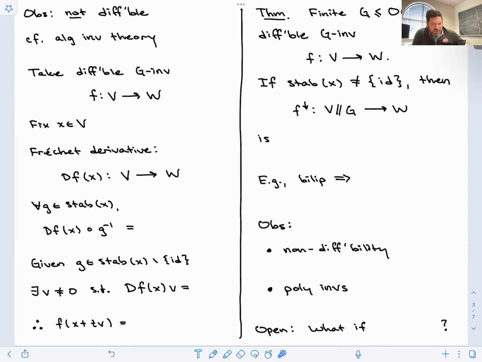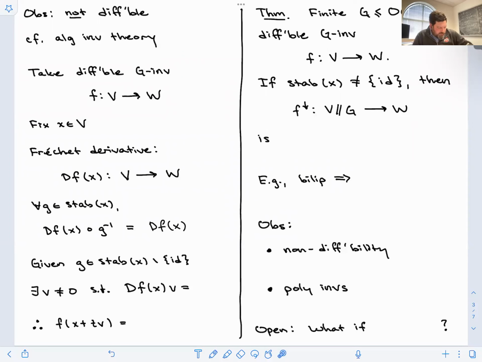Turns out, and maybe this isn't surprising, for any member of the stabilizer of x, if you precompose, you'll end up not changing the Jacobian. Okay, local symmetries end up being transferred to the derivative. You might suspect this. Locally, certain directions look the same.